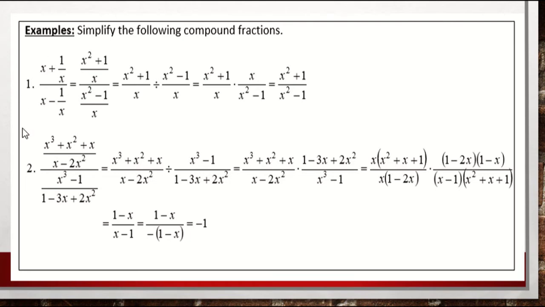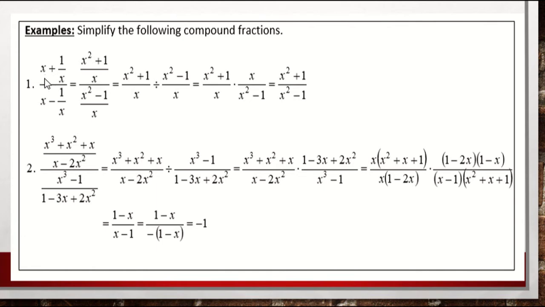So, this is a compound fraction since our numerator is a fraction, and our denominator is a fraction too. To simplify this one, we take the LCM. The LCM is x.